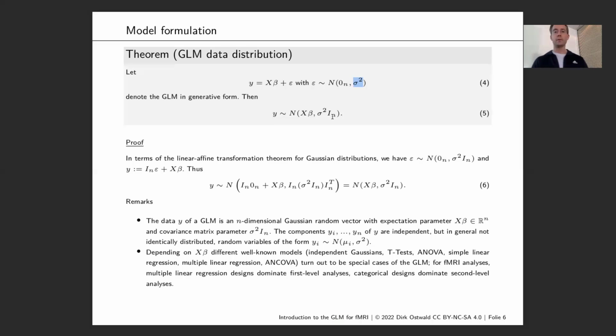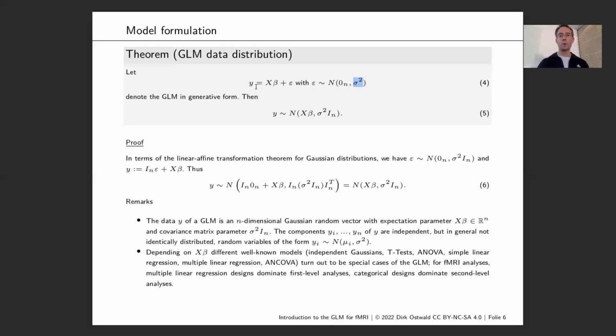Why? Well, if you believe what I told you about the linear affine transformation theorem, we have here this epsilon vector, which is like our x earlier on, which is multivariate normally distributed with these parameters. Again, this IN should read like that.